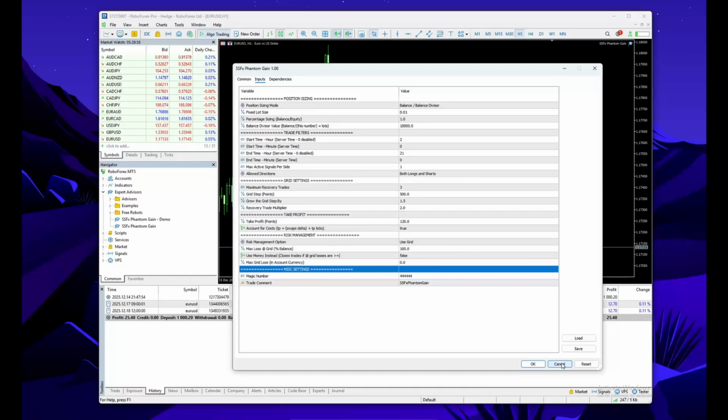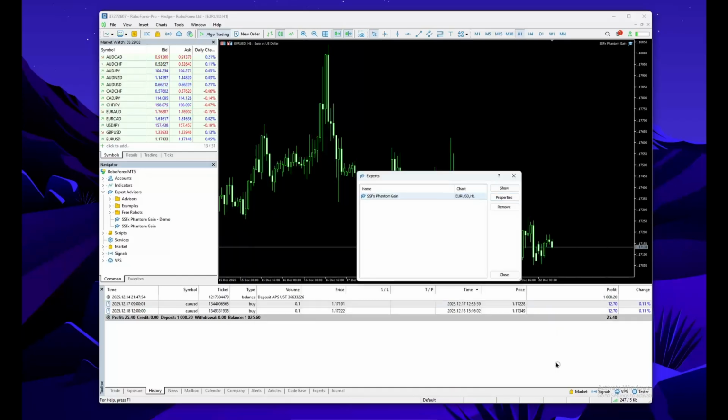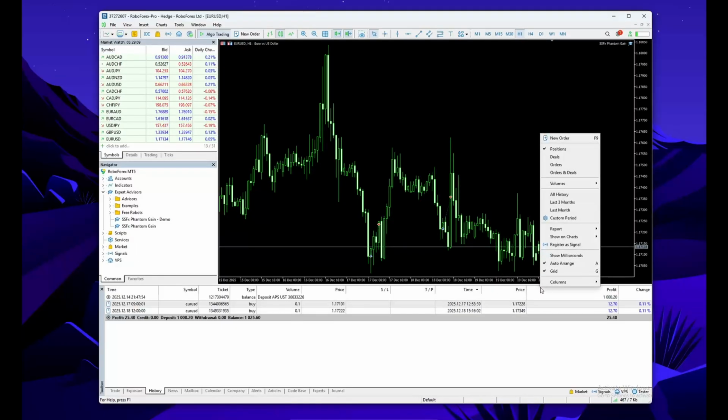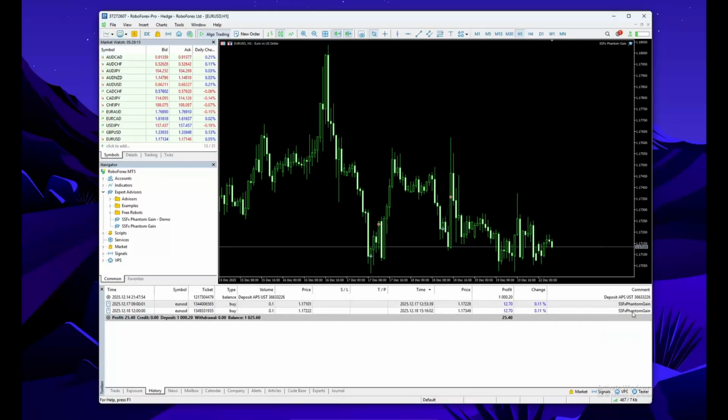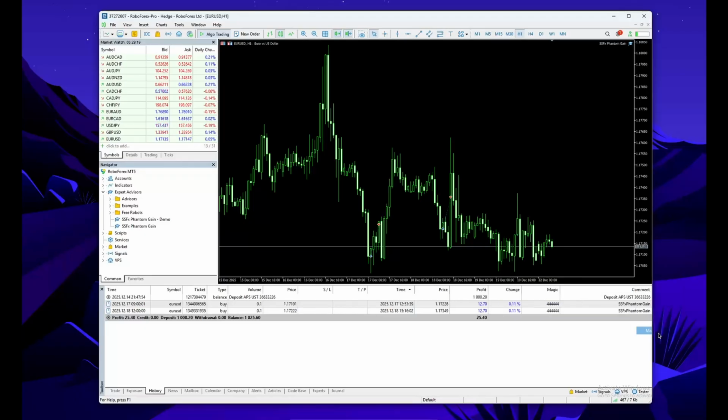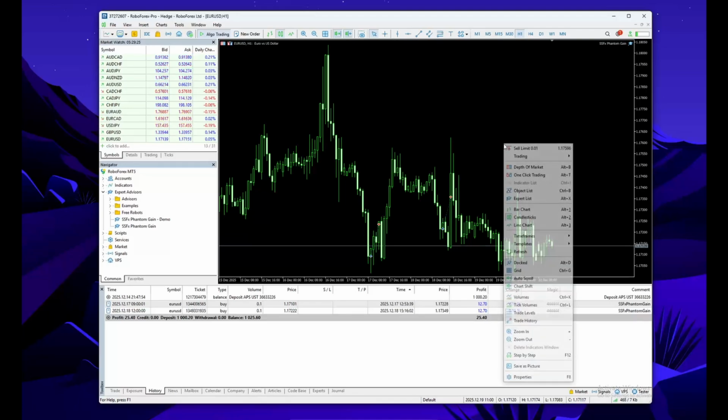Since I'm done with the settings, if I go to this point and display the comments, you can see it uses that comment, and the magic number. Those are the settings it uses in each case.